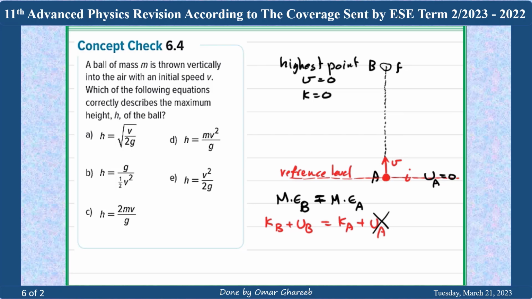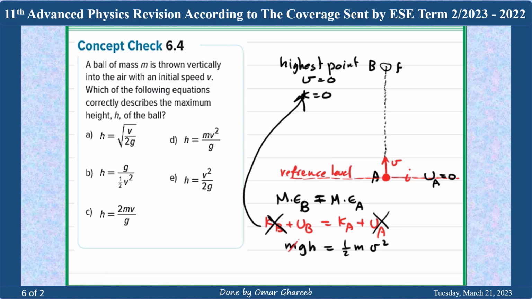Now for the highest point B, we have no kinetic energy, as we mentioned before, because B is the highest point. Now, what is the potential energy at B? It is mg times h, equal to the kinetic energy at A, which is 1/2 mv squared.